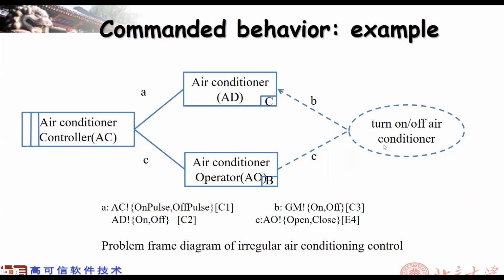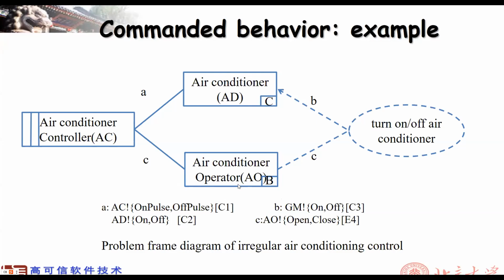Yeah, this is the air conditioner controller. This is a machine to be built, and this is the air conditioner. And you need the air conditioner to be on or off. So you want to turn on or off the air conditioner by a command. So where is the command from? It's from the operator, the air conditioner operator.